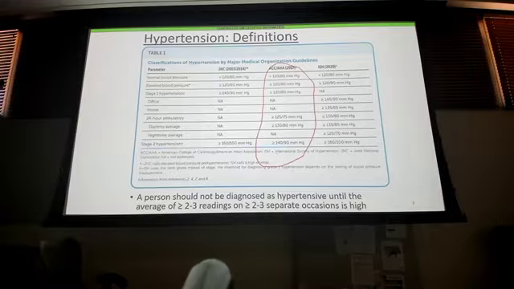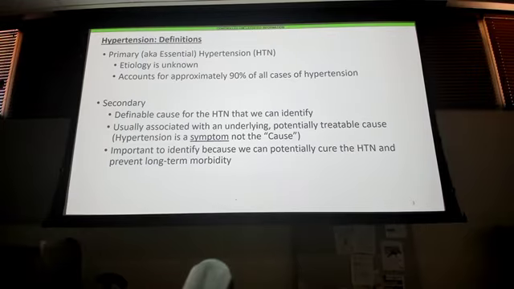The other thing on this slide to highlight is you can't go off of one abnormal blood pressure level to say this person has hypertension. You need at least 2 or 3 abnormals to be able to diagnose somebody with hypertension. Then we talk about how there's different definitions. There's primary hypertension, which is we don't know of any other etiology that's causing it.